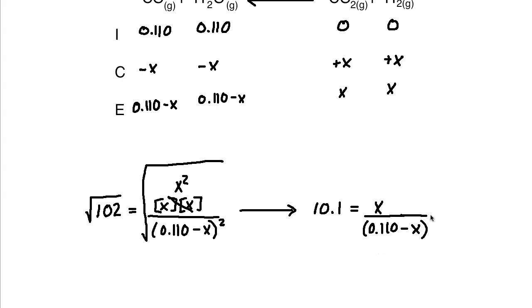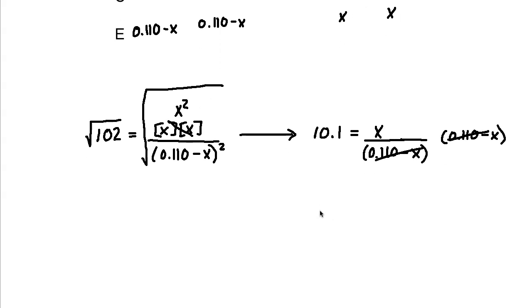So the next thing that we want to do to simplify this is to multiply each side by that denominator so we can start consolidating X into one side of the equation. So that's going to be gone. Now I'm going to need to apply that to the other side, the 10.1.